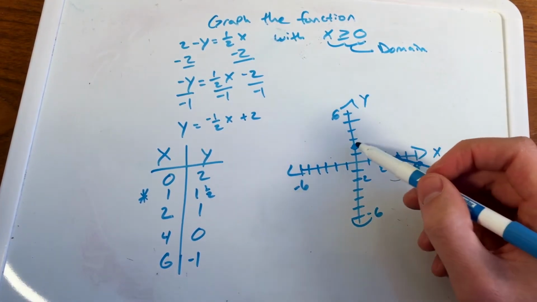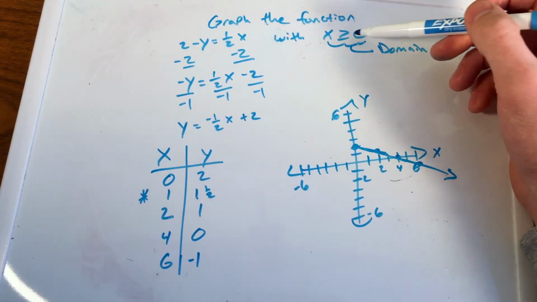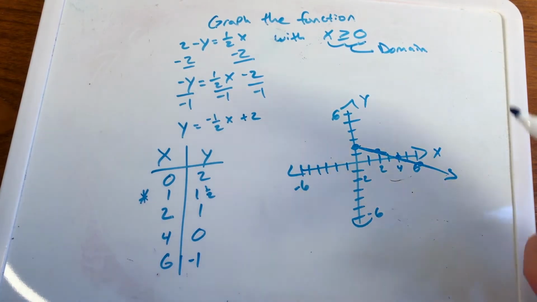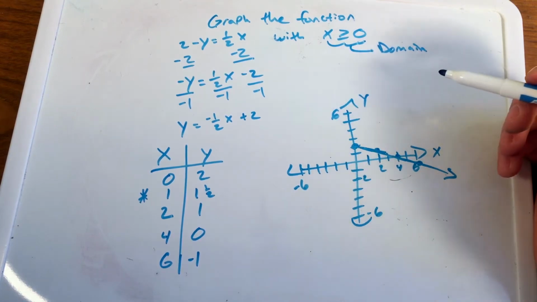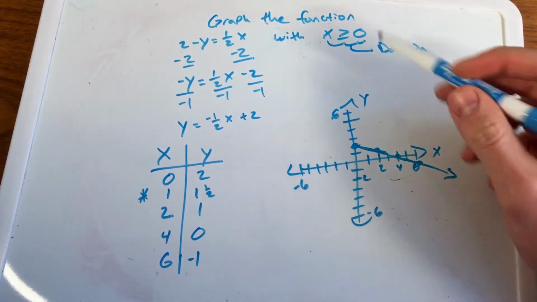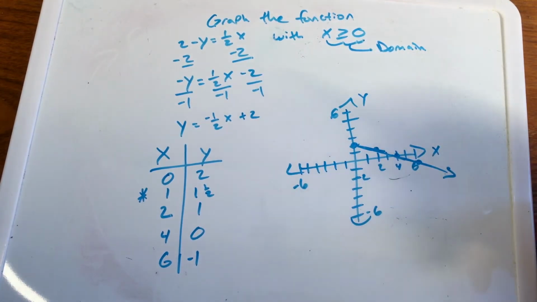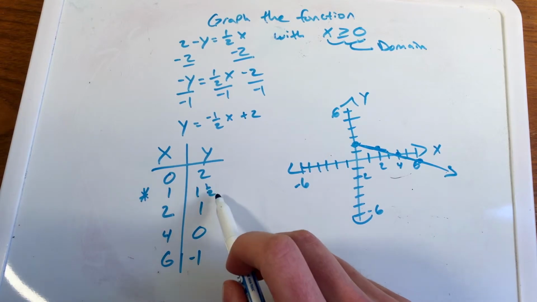Okay, and we have a closed circle right here because x can equal 0. In other videos, we'll go over what it means to be less than or equal to or not, with the open circle and closed circle. For right now, we'll just keep it closed if it's greater than or equal to, or less than or equal to.